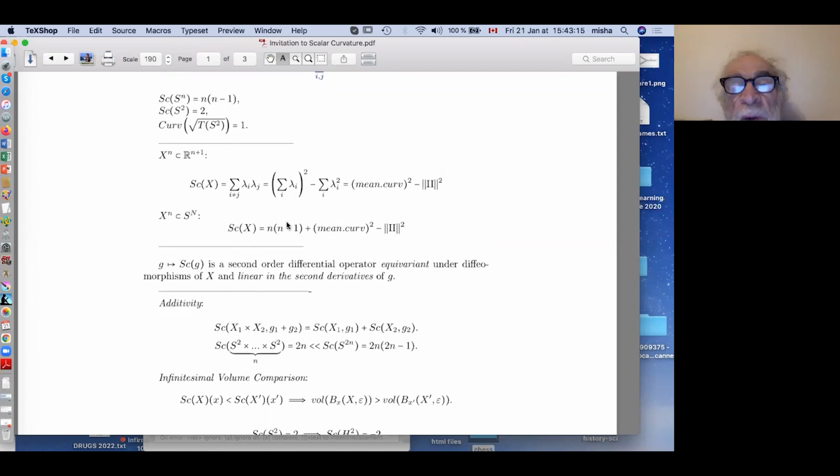Now, in codimension 2, what can this be? Imagine I have curvature approximately 1, a manifold curved by 1. Then this number will be about 1, so this term will be about n. But this term is about n squared.